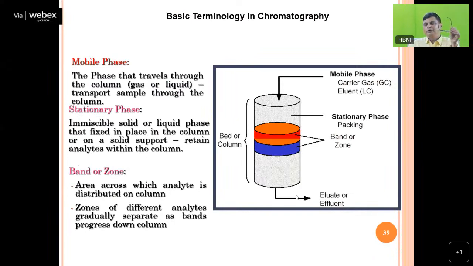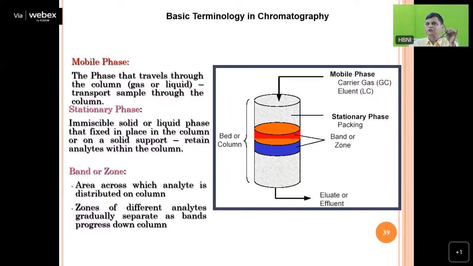What are the important terminologies when we talk about chromatography? One is the mobile phase, the stationary phase, and then band or zones. So what is the mobile phase? The mobile phase travels through the column and transports a sample through the column. The stationary phase is an immiscible solid or liquid phase that is fixed in place in a column or on a solid support system and retains the analyte within the column.